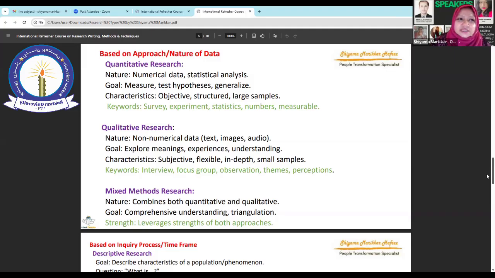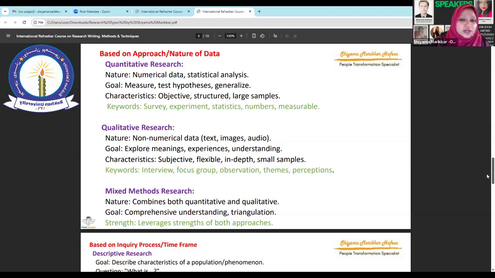So these kind of things, whichever that involves numerical things, numbers, figures, we call it quantitative. So the nature will be numerical data, and the characteristic will be objective and structured, and you can use it for large samples.